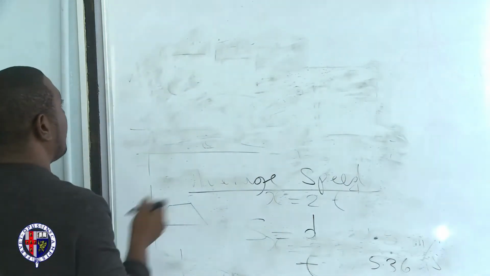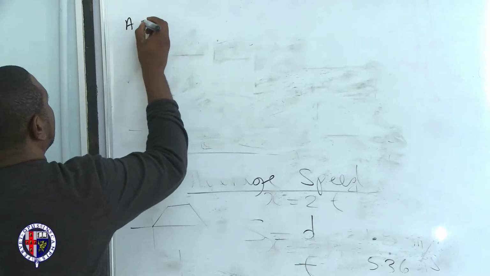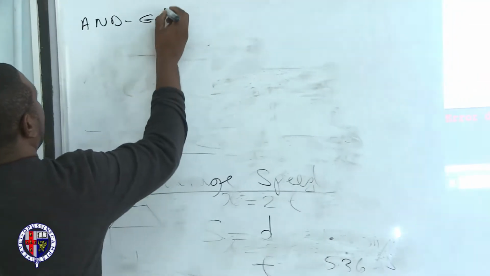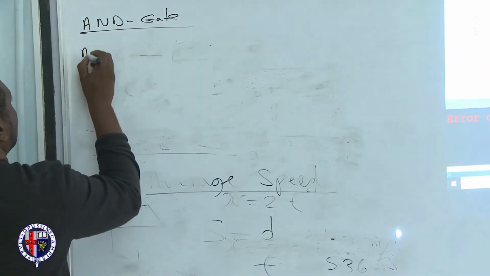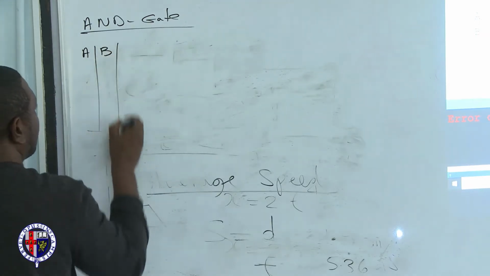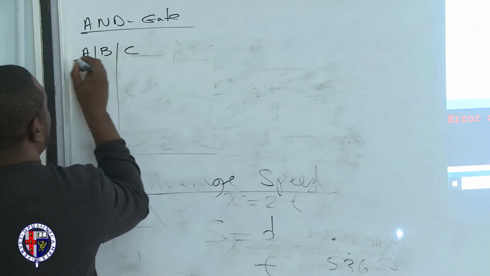All right. So we have the gates, and so we can identify the different types of gates. So the gates, two inputs. So let's just write a few of them.